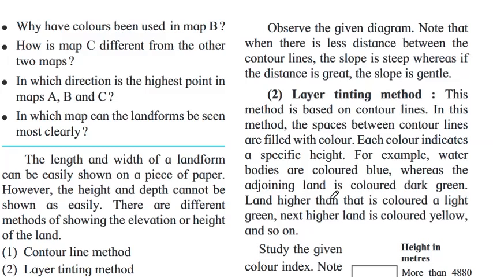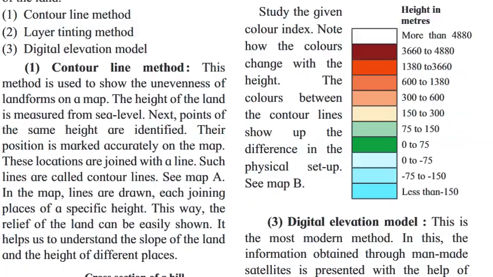Land higher than that is colored light green. Next higher land is colored yellow, and so on. Study the given color index. Note how the colors change with the height. The colors between the contour lines show up the difference in the physical setup.